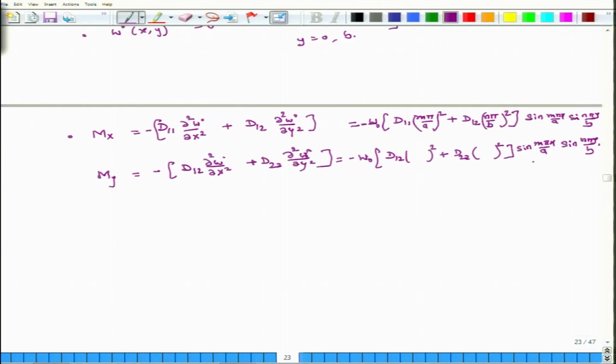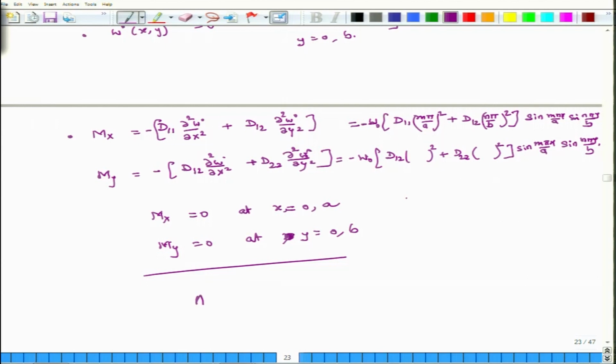So if I plug in the values of x and y for different edges, I see that Mx is equal to 0 at x equal to 0 and a, and My is equal to 0 at y equal to 0 and b. So all BCs are satisfied.